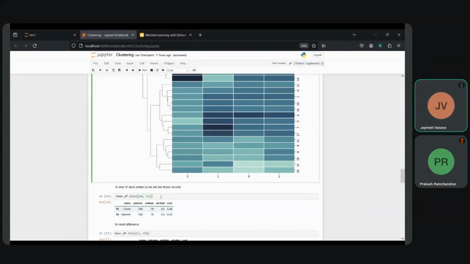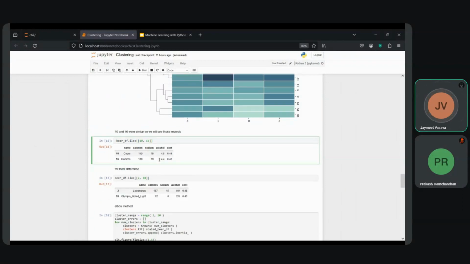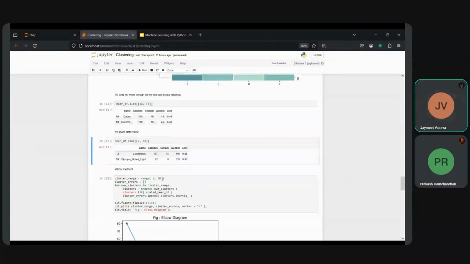To know the differences, we print the respective observations of 10 and 16 being the similar ones. You can see the numbers over here. They fall into very similar categories, whereas for 2 and 18, being the least similar, you can see the numbers are pretty different.